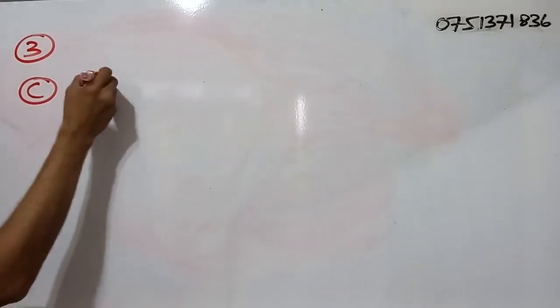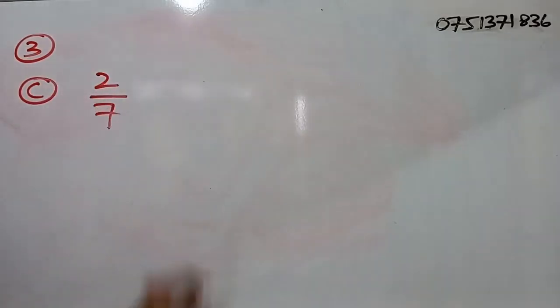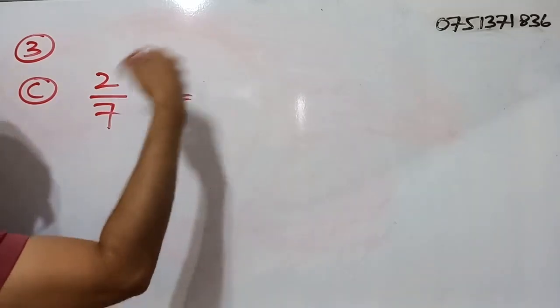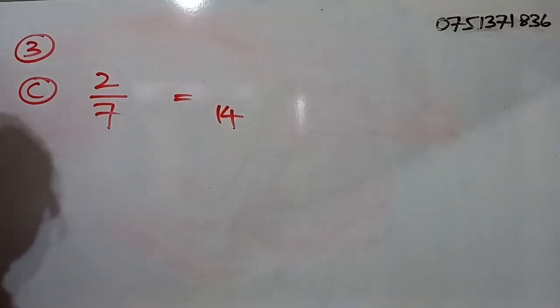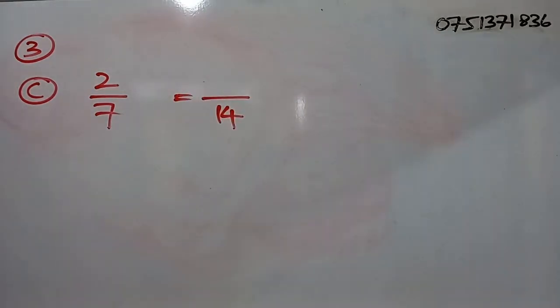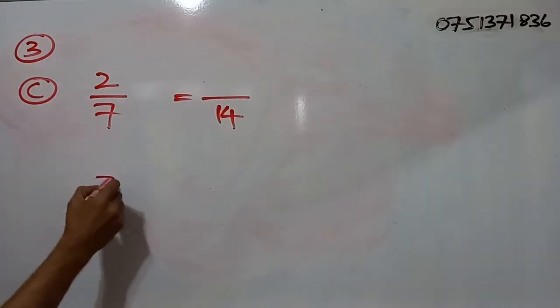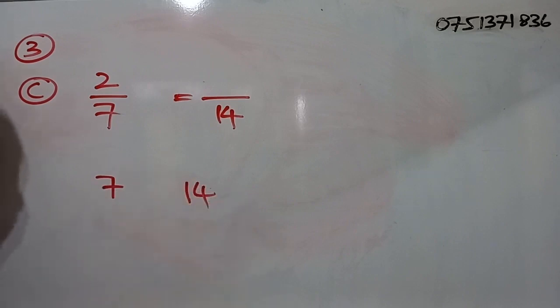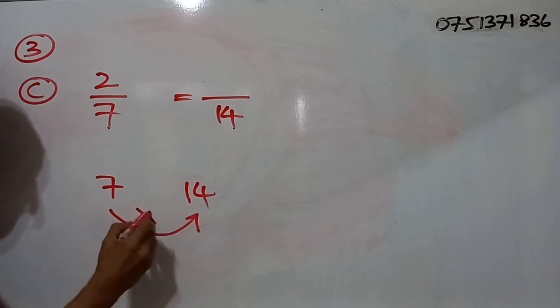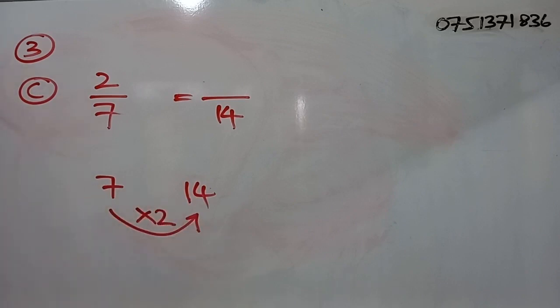Right. Question number 3, under that, part C. So what do we have? We have been given 2 by 7. And if we consider the other fraction, we have been given the denominator, right? So the numerator we have to find. So how do we convert a 7 into a 14? We can multiply the denominator by 2.